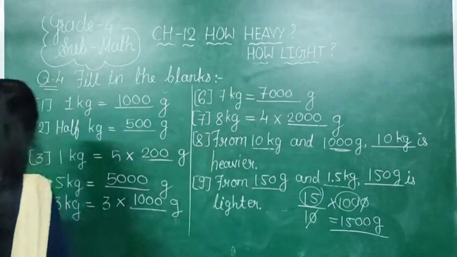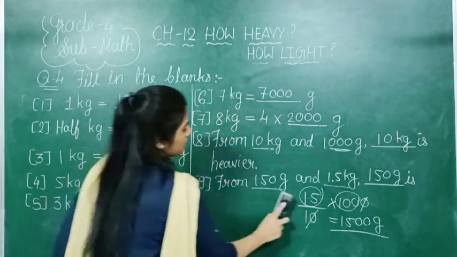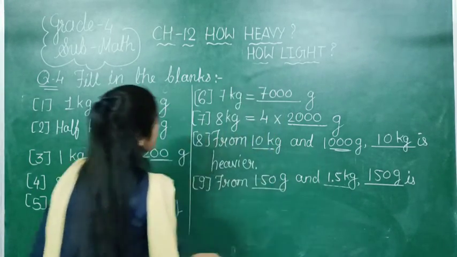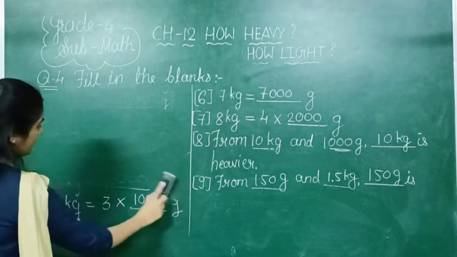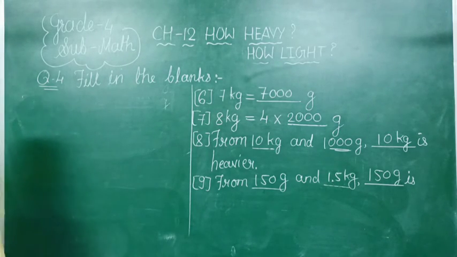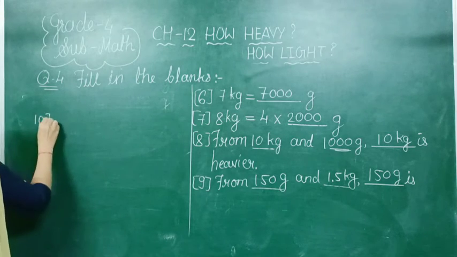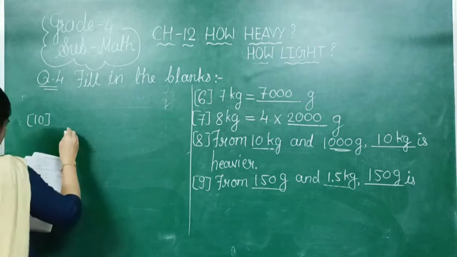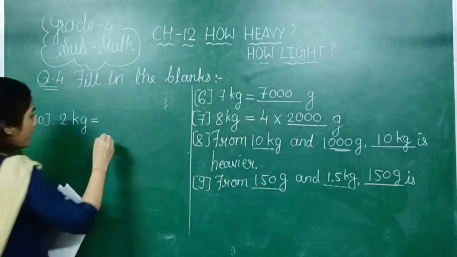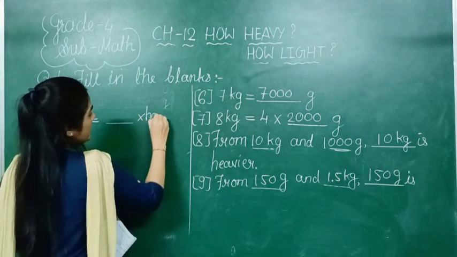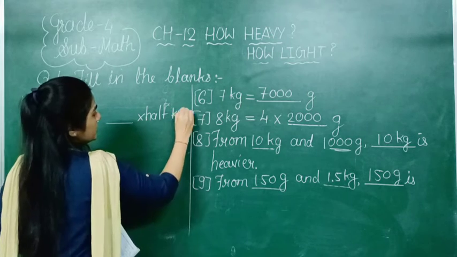Now the last fill in the blank, number 10, which is 2 kg is equal to blank multiplied by half kg.